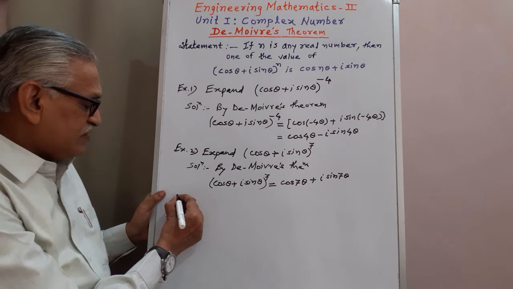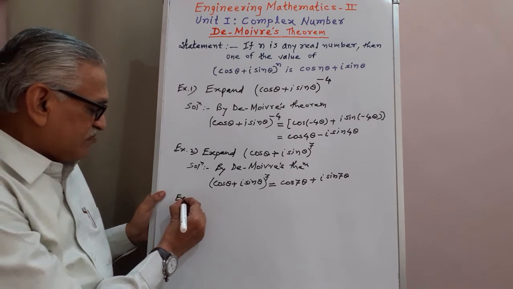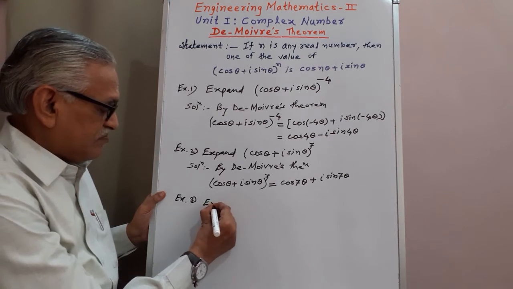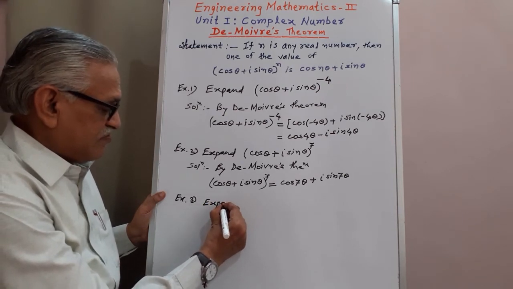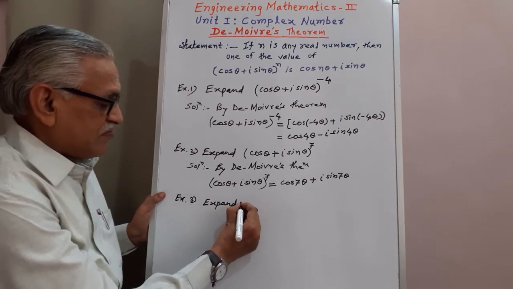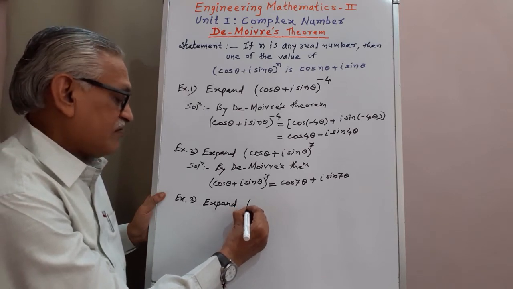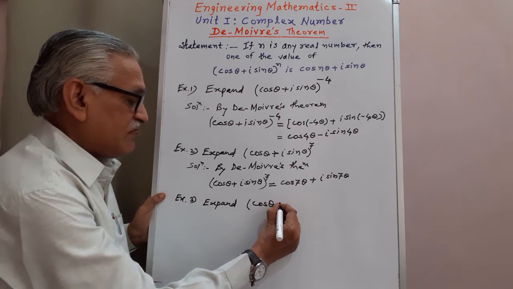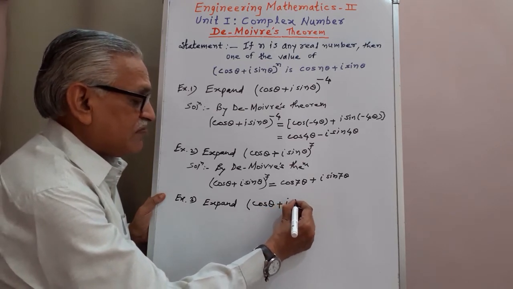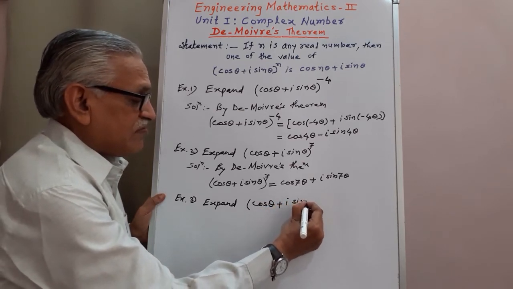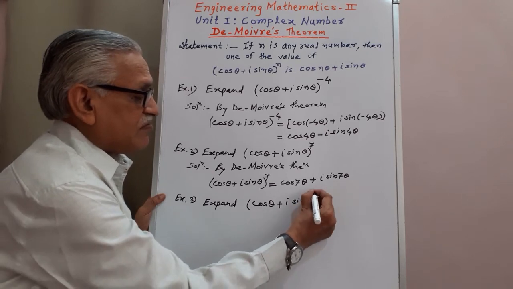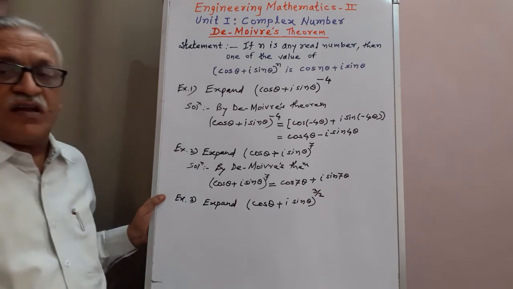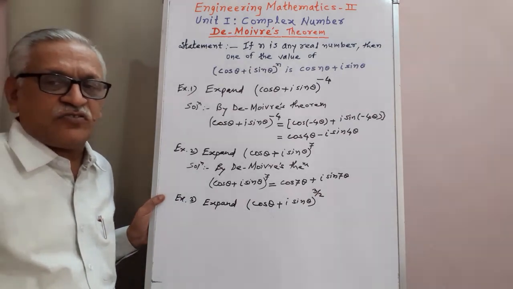One more example. (cos theta plus i sin theta) raised to 3 by 2.